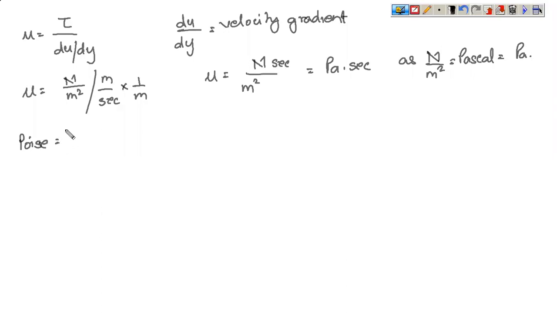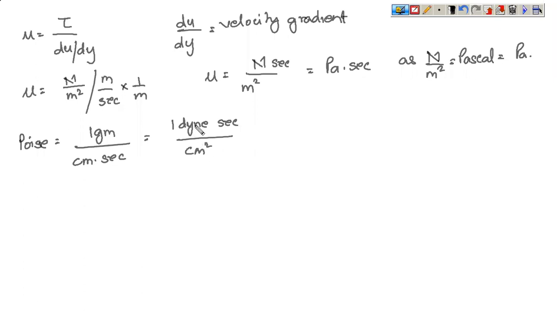Okay. So if you come to Poise, Poise is another unit of viscosity. So Poise is 1 gram per centimeter second. Somewhere it is also written as 1 dyne second per centimeter square.